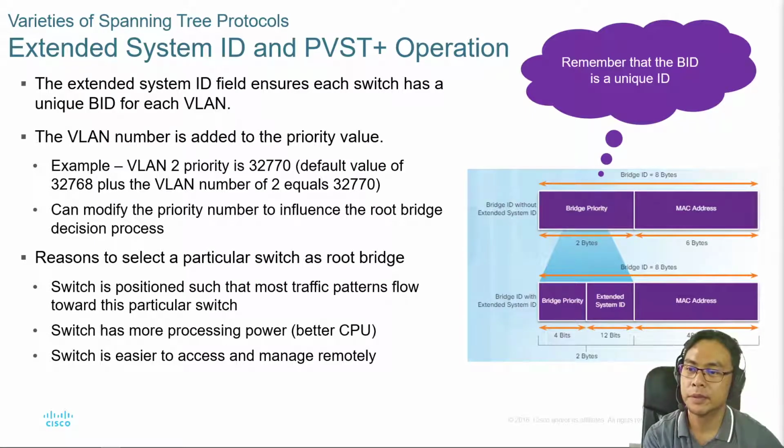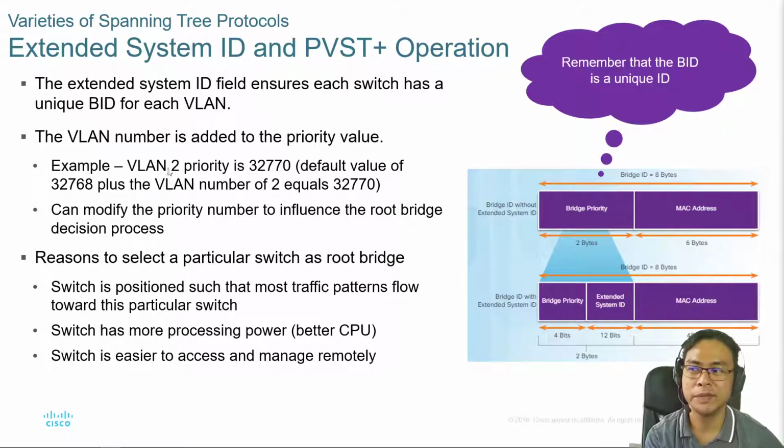So usually we have the extended system ID. It's just adding the VLAN number to the priority to avoid duplication. So the VLAN number is added to the priority value.